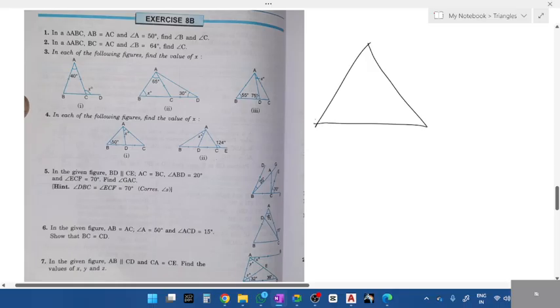Each question is 3 marks. In triangle ABC, BC is equal to AC. Okay, which angle is 64 degrees here? Now, if it is an isosceles triangle, which two angles will be equal?